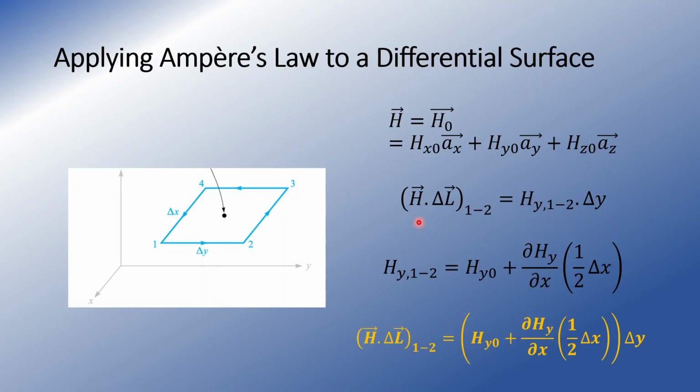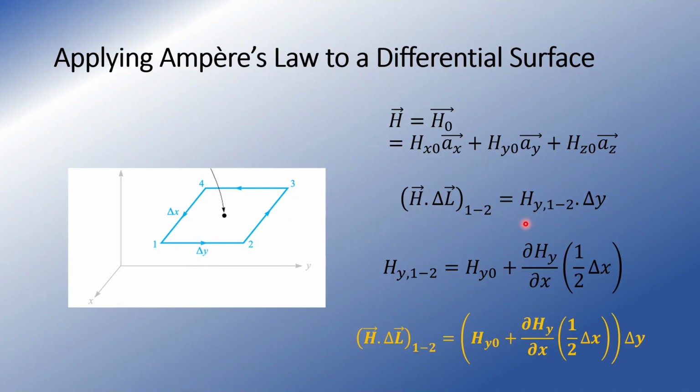So let us see the first part, H dot dl for the path 1 to 2. What happens here is that this is nothing but the magnetic field, the y component, from path 1 to 2, multiplied by the length, which is delta y.